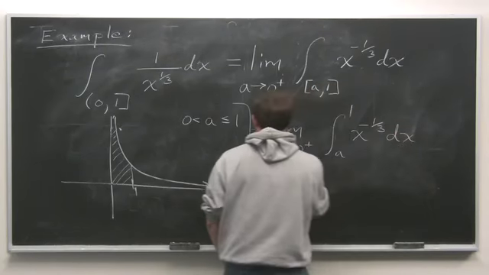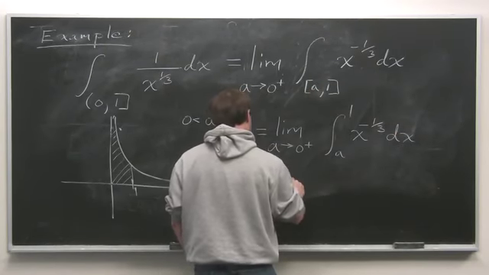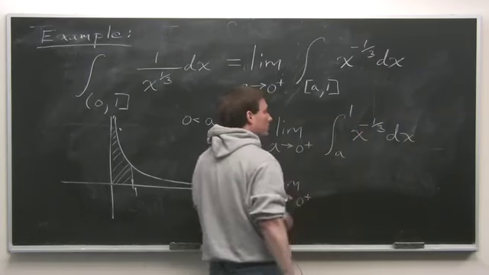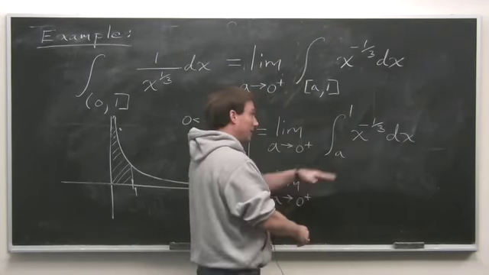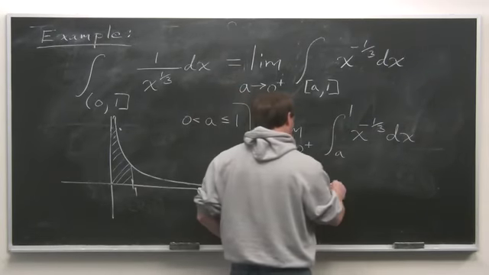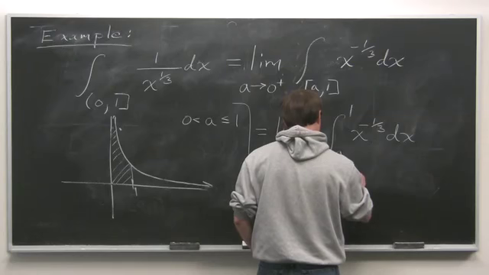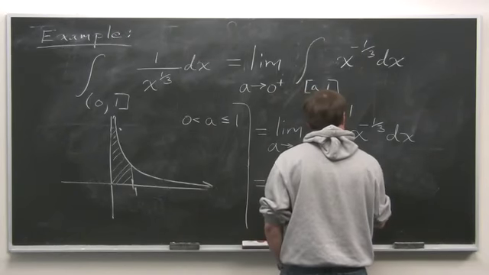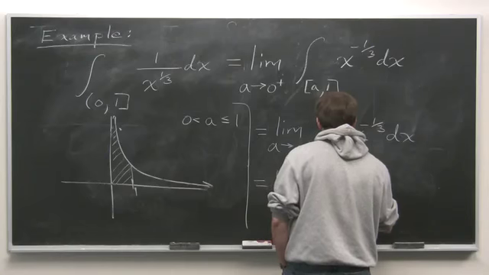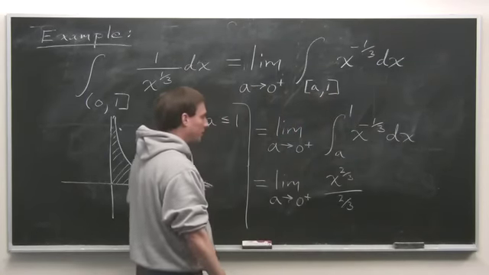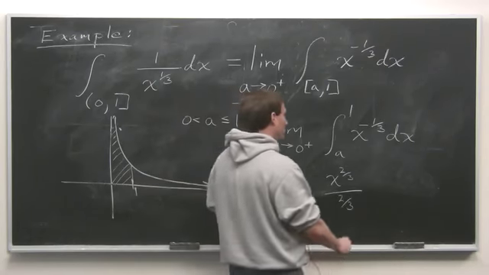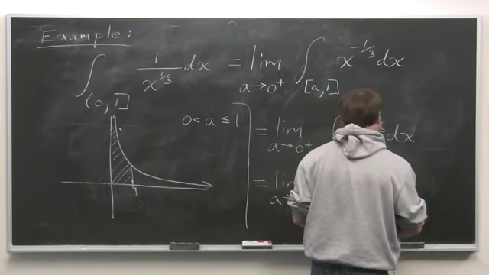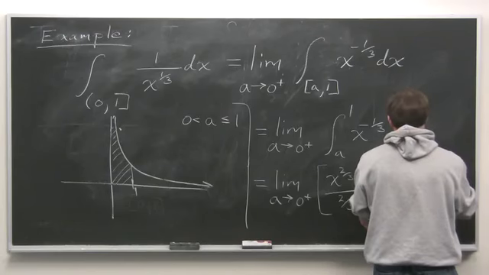But now you apply the fundamental theorem. This is the limit as a approaches 0 from the right of, you use the power rule. So we need an antiderivative of this. You add 1 to the exponent and divide by the new exponent, and you get x to the 2/3 divided by 2/3, and you evaluate this from a to 1. So what do you get?